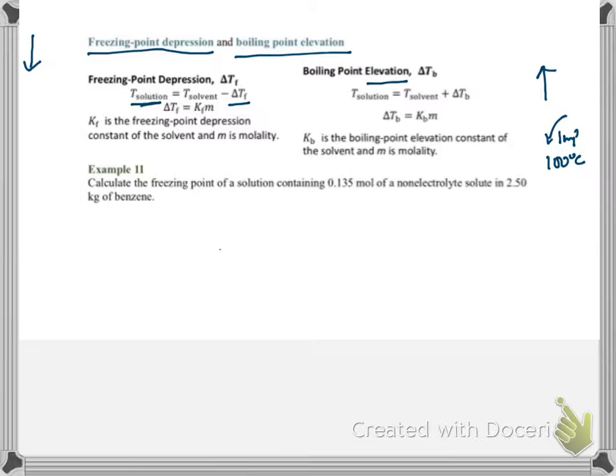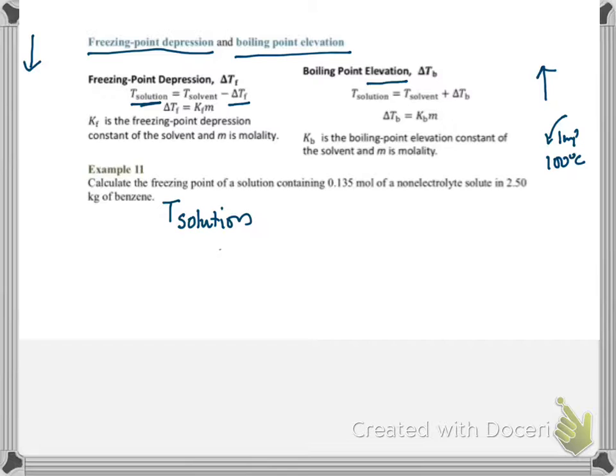Calculate the freezing point of a solution containing 0.135 moles of a non-electrolyte solute in 2.50 kilograms of benzene. Now I have to calculate the freezing point of the solution. That means I have to calculate T solution.